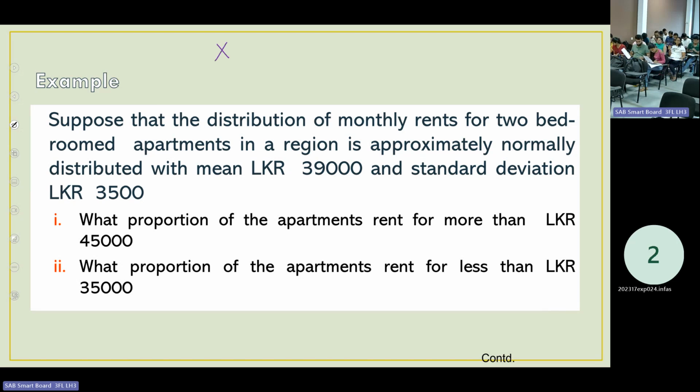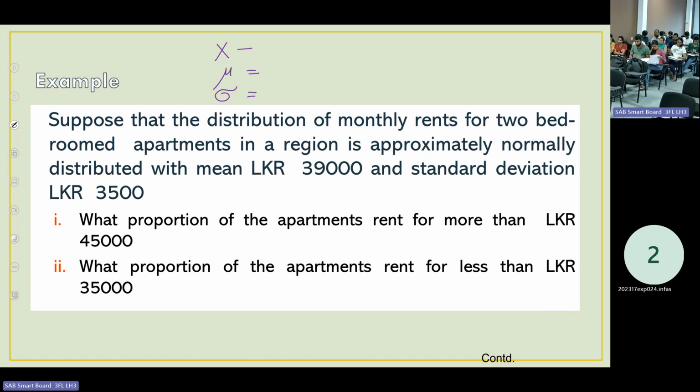What is X? What is the mean value? What is the standard deviation value? So according to this problem, what do you think? What should be taken as a variable? Monthly?